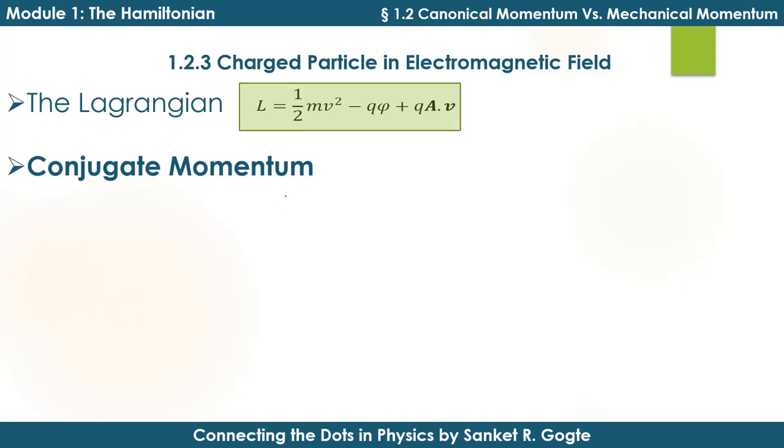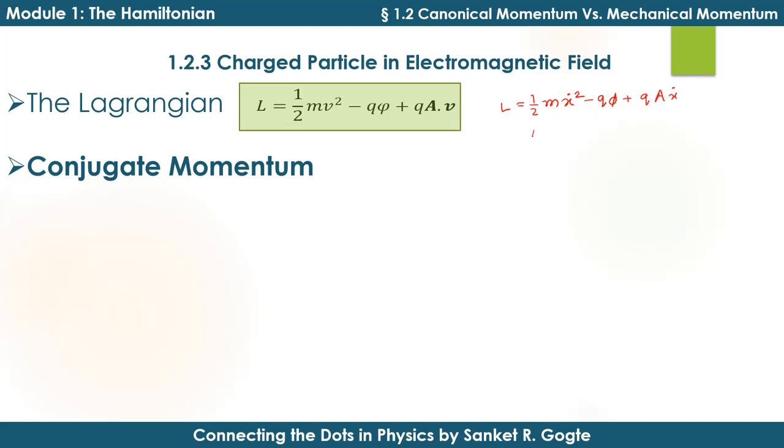This Lagrangian is written for 3 dimensions. Since the particle can move in 3 dimensions, I'll consider only one component of these 3 dimensions, and therefore L can be written as half m x dot square minus q into phi plus q into A into x dot.